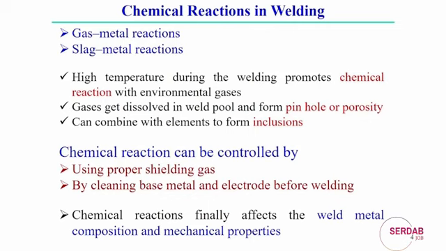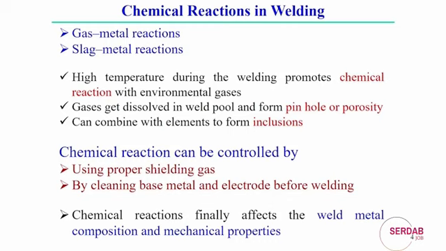They can also form inclusions when the molten pool reacts with the outside atmosphere. Therefore, this type of chemical reaction can be controlled by using the proper shielding gas or the proper slag material, so that it protects the molten pool during the welding process.